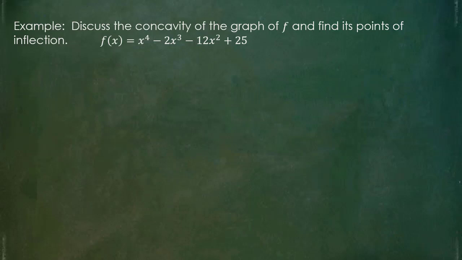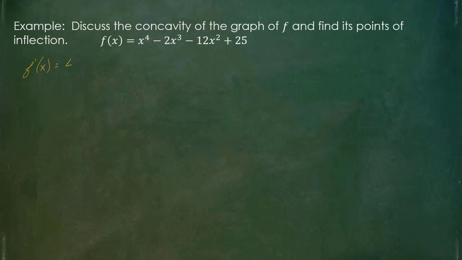This one might be a little easier because it looks like it's going to be more of a power rule. But again, to start, to find concavity, I need to find a second derivative. So let's do our legwork to get that.